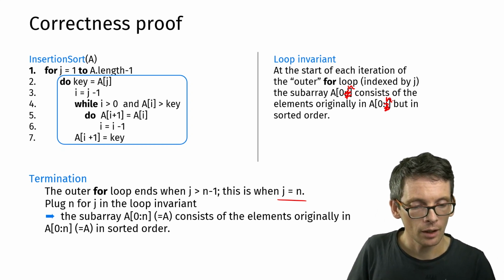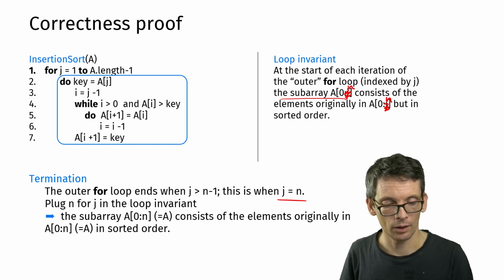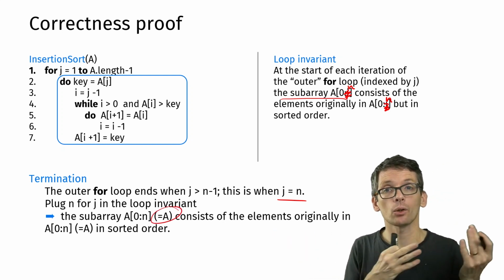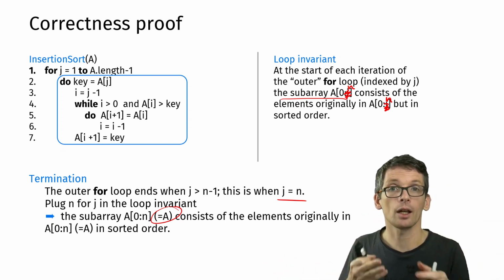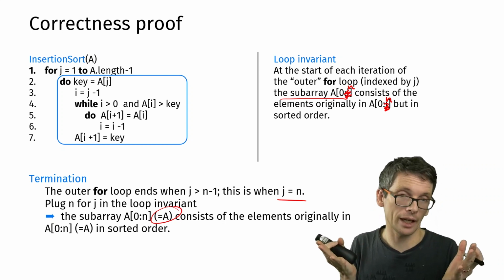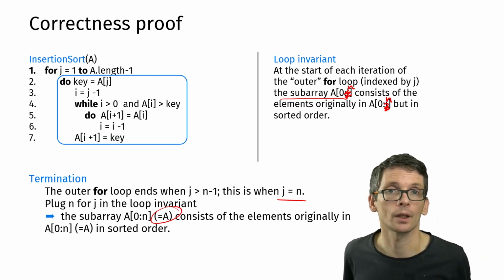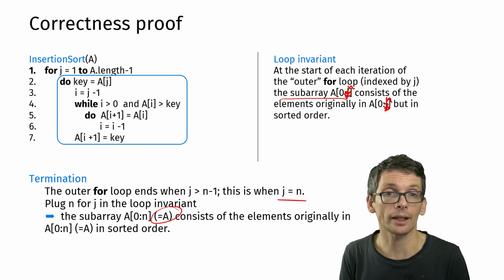It says that the subarray from 0 to n, which is all of A, consists of the elements originally in that subarray, so originally in A, sorted. So in short, we've sorted A. Insertion sort is correct.